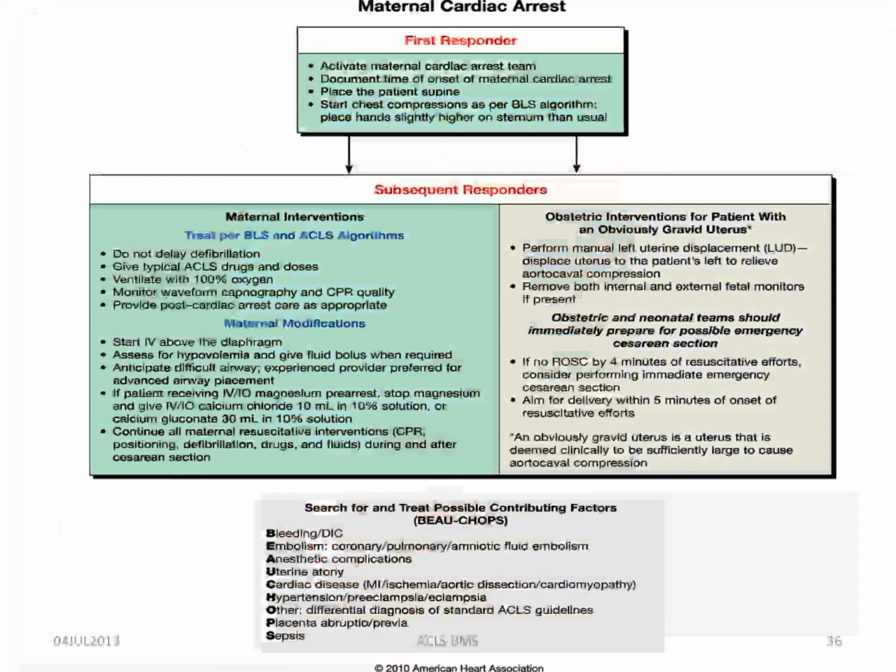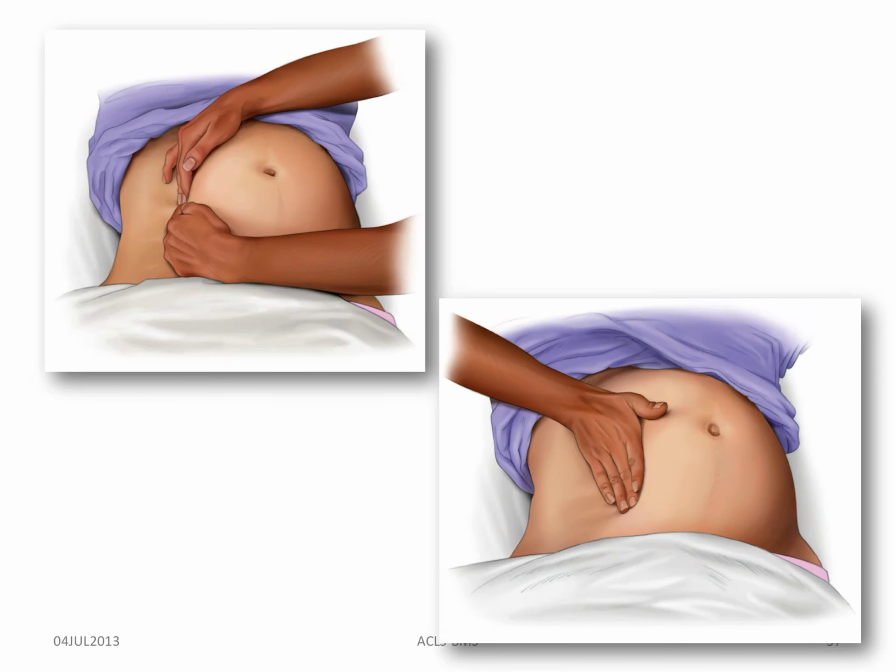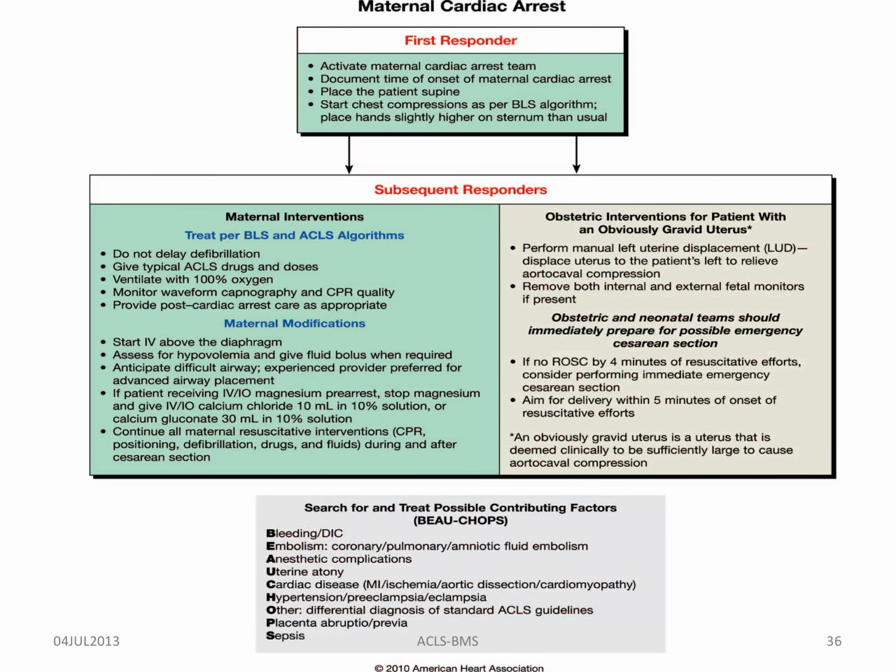And subsequent responders should treat as per ACLS and BLS algorithms and all obstetric interventions, that is left uterine displacement. This is a picture which shows that they try to push the uterus to the left-hand side, because the uterus then unnecessarily presses on the aorta, which is the main blood vessel supplying the body, and if you push it out from that place, it will not cause decreased circulation.